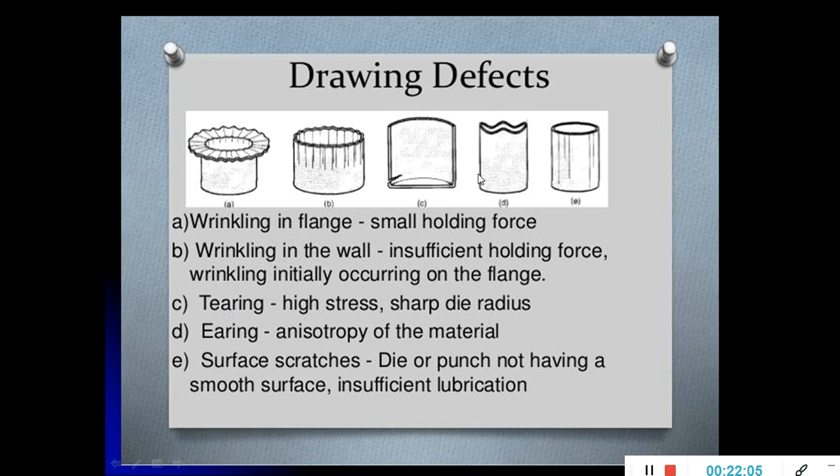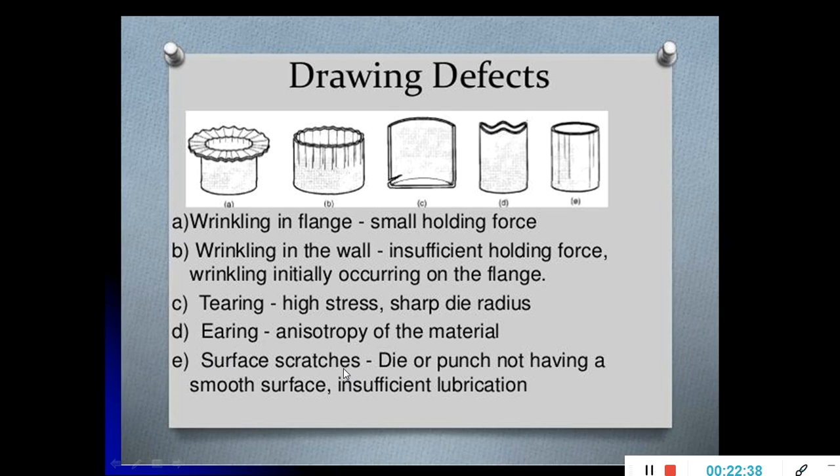The next one is known as the earring defect. Earring defect occurs whenever the material is anisotropic. In the last class we discussed isotropic and anisotropic materials. In isotropic materials the properties are equal in all directions; in anisotropic materials the properties are different in different directions. Due to this, the end of the material gets some waviness, which is known as the earring defect.